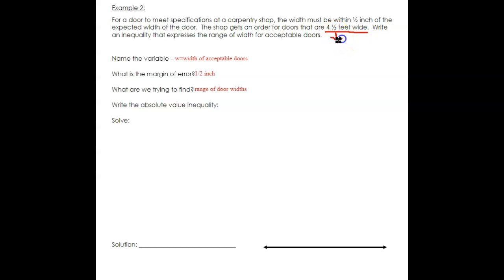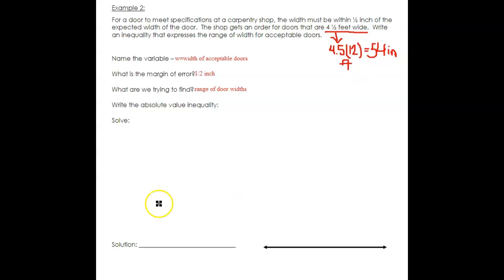So I need to take 4.5 feet and convert it to inches. How do I do that? How many inches are in a foot? 12 inches are in a foot. And if you multiply 4.5 times 12, you're going to get 54. 54 inches are in 4.5 feet.